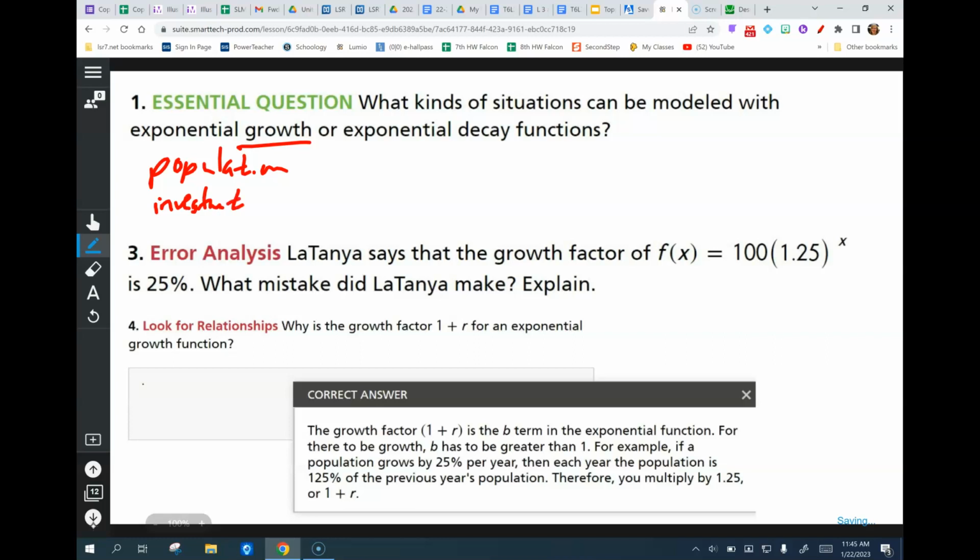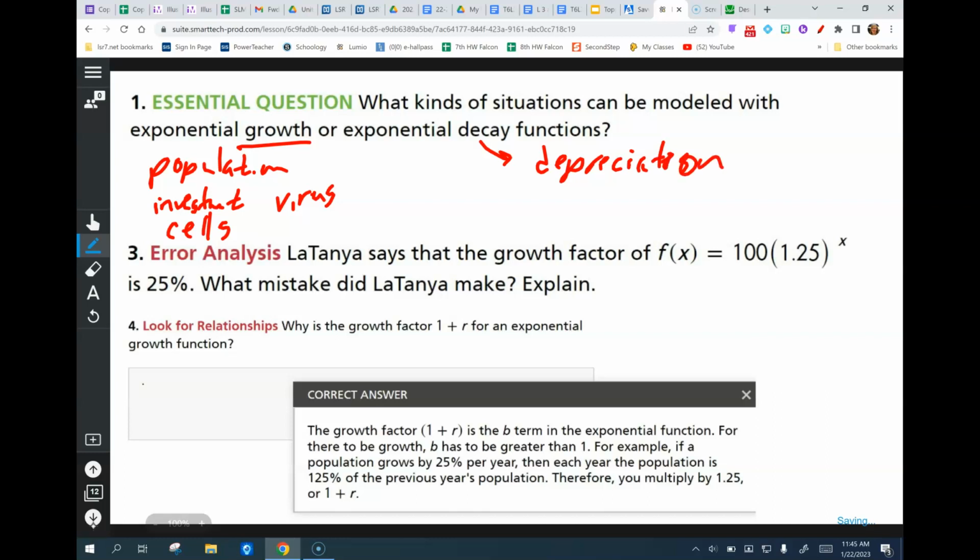We can talk about cells in a petri dish under a microscope; they can explode. Heck, COVID, so viruses, and we got to live through one. A virus is an exponential growth. Now, an exponential decay is going to be depreciation. So your car depreciates, and a lot of things that you buy. Depreciation.